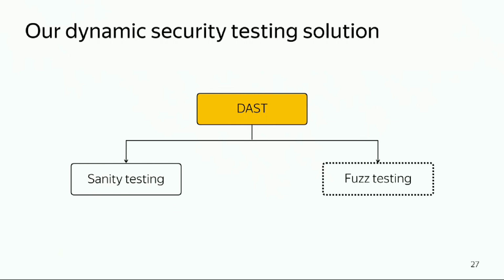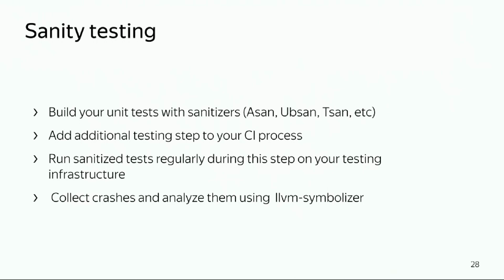Well, we have actually two directions of dynamic testing. The first is sanity testing. It's when we just take our unit tests and build them with sanitizers. And the second is fuzz testing. The sanity testing is really easy to perform.